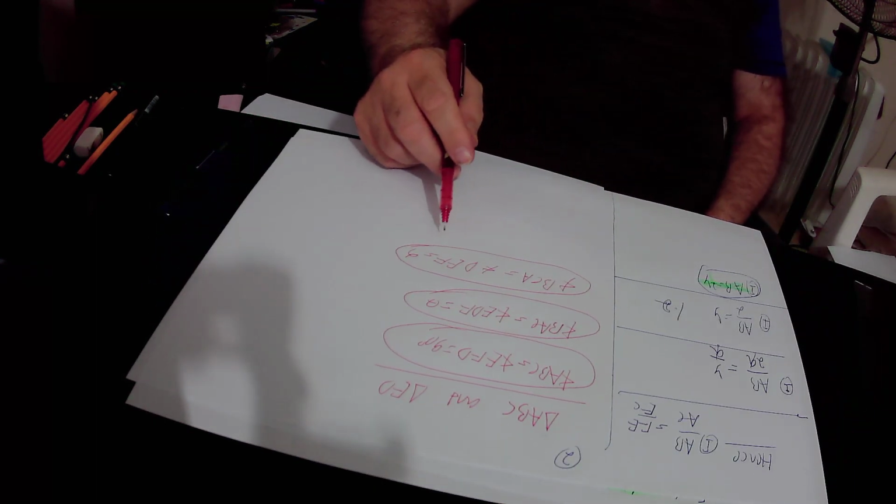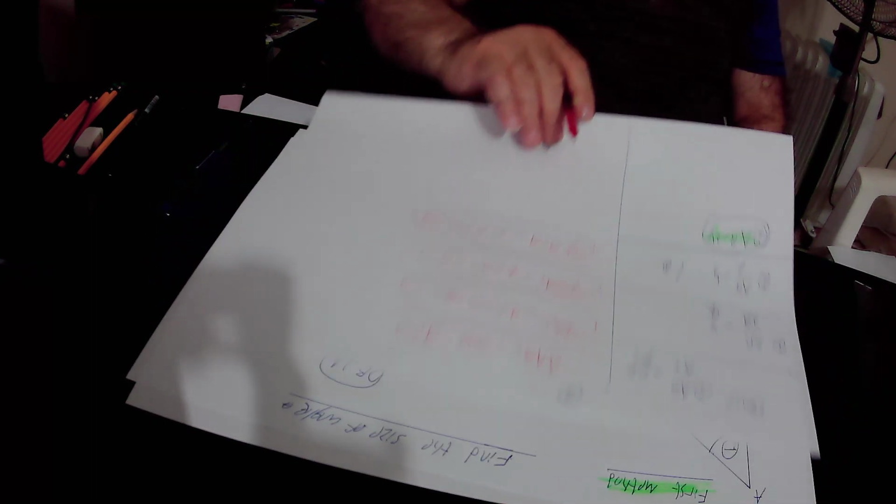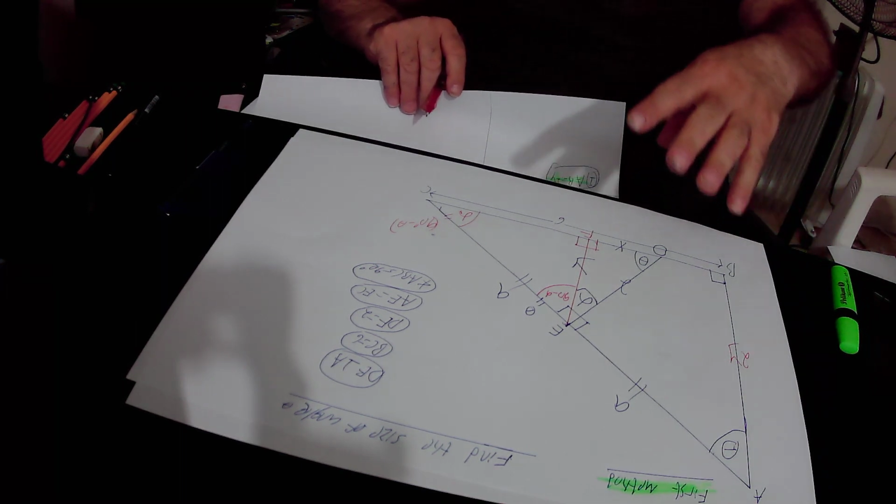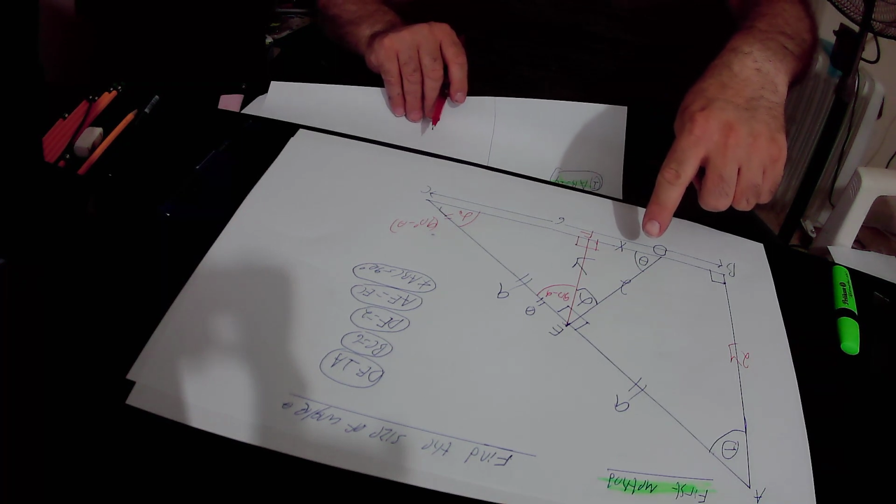I'll repeat again, angle BCA equals angle DEF equals alpha. So we actually proved that all the angles of the right big triangle ABC are equal to all the angles of this right small triangle DEF.